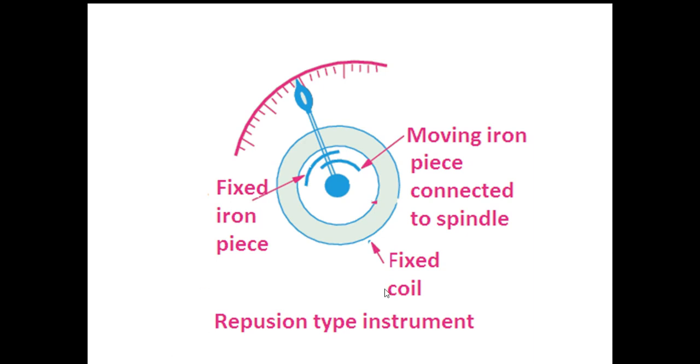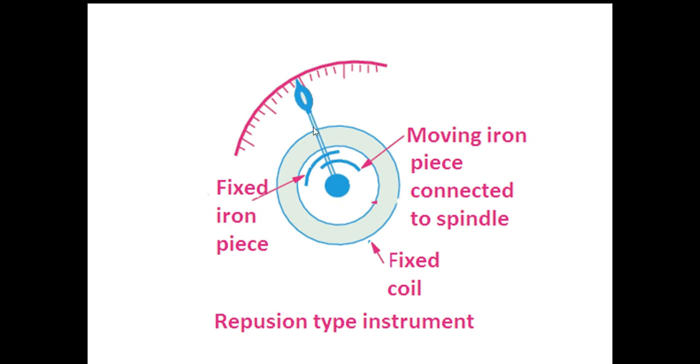This is the fixed iron piece, and this is the moving iron piece, which is attached to the spindle.